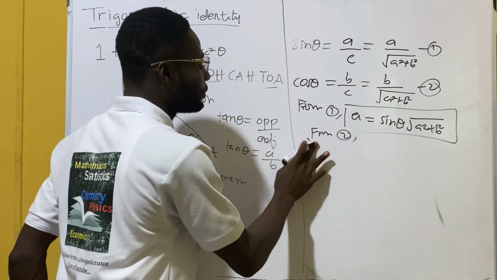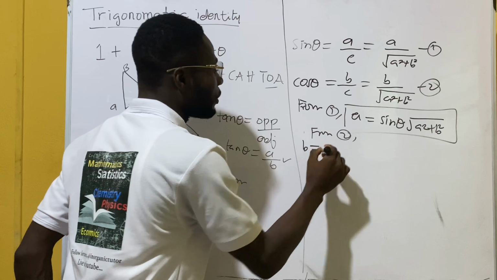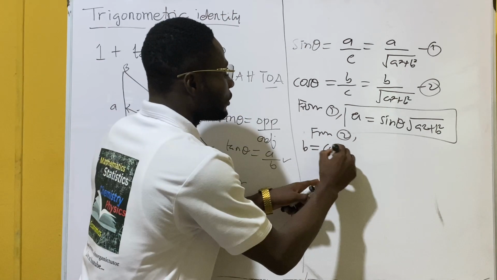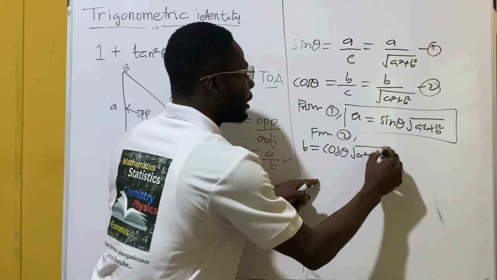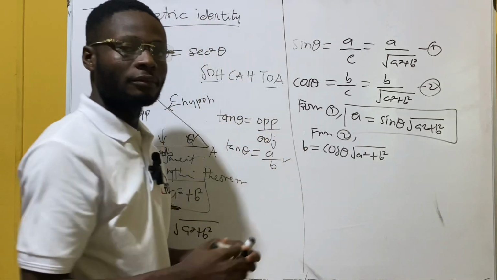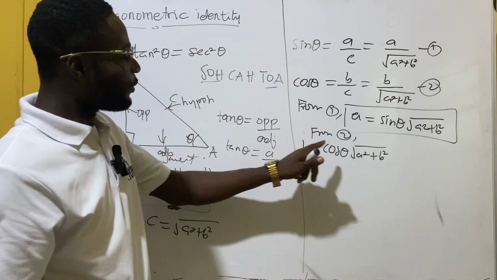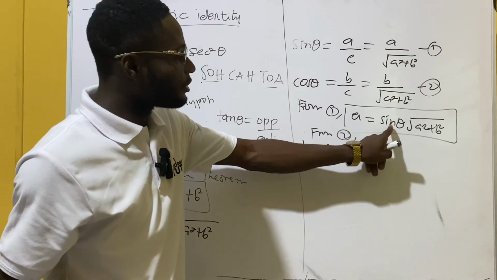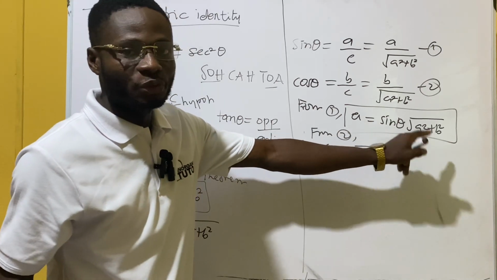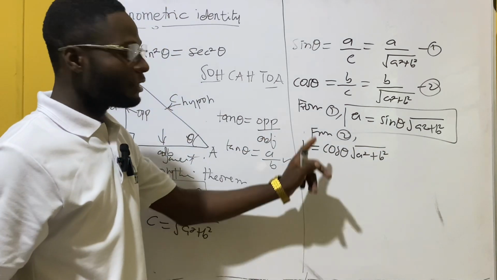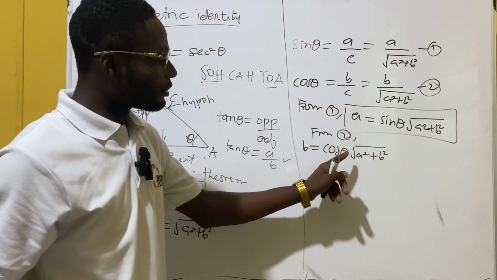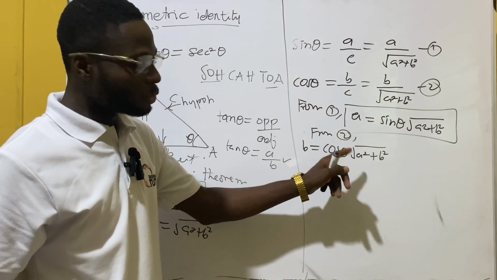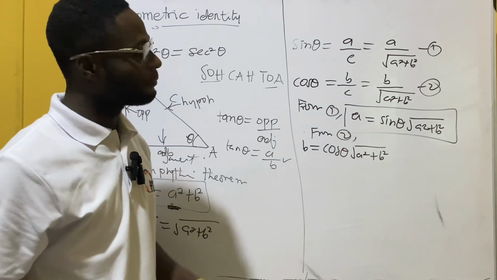Making B the subject, we're going to have B equals cos theta times square root of A squared plus B squared. That is great. So we have A equals sine theta times square root of A squared plus B squared, and B equals cos theta times square root of A squared plus B squared.